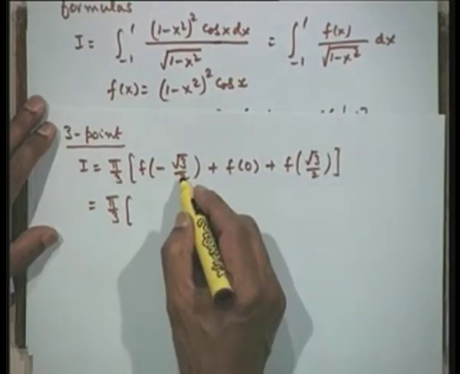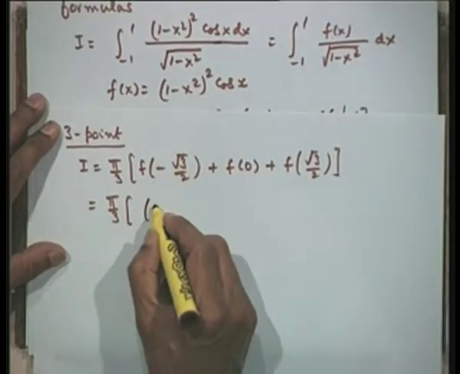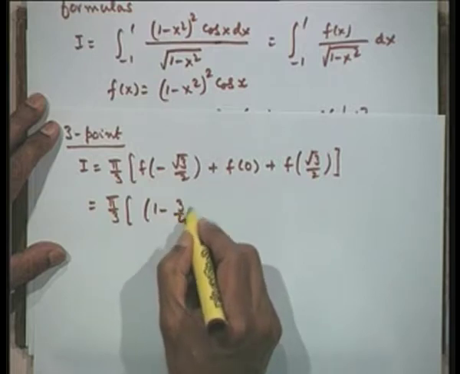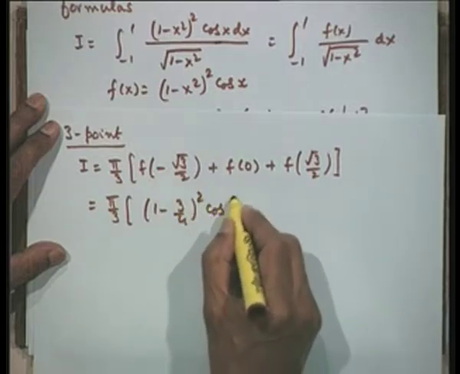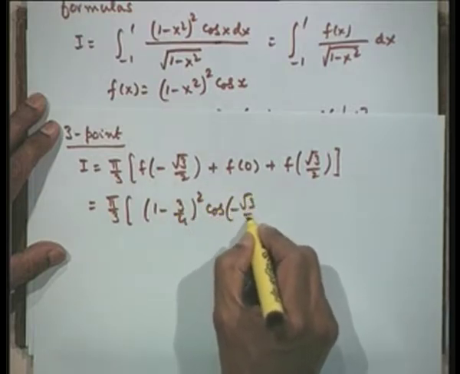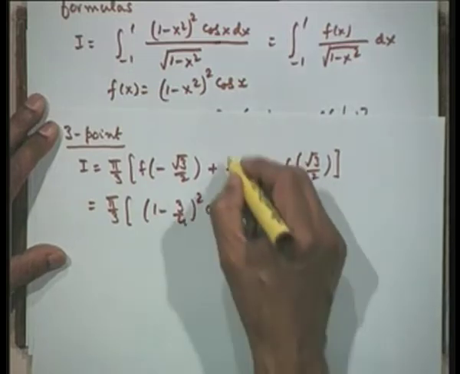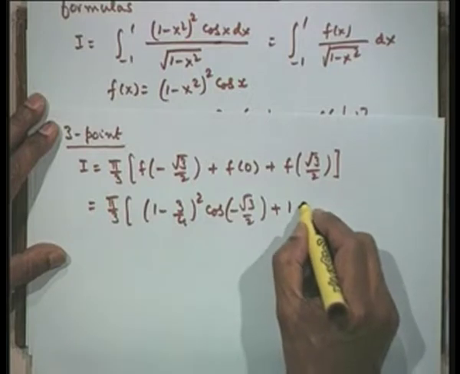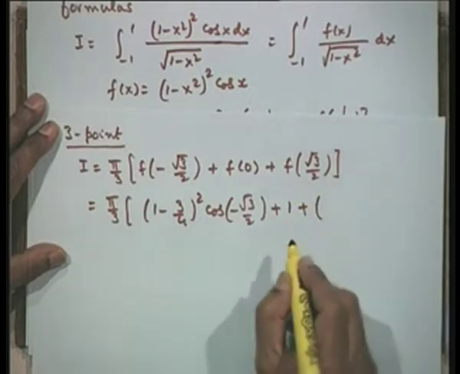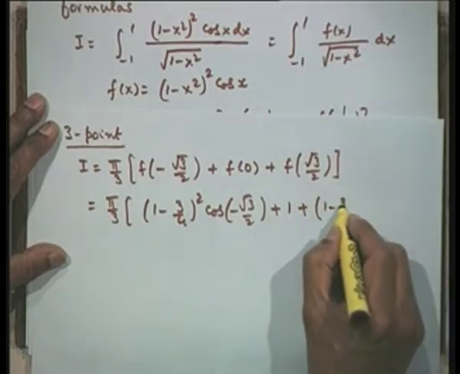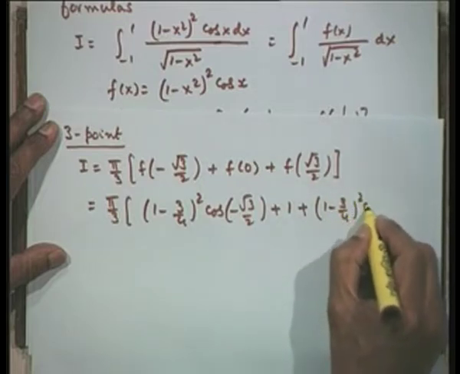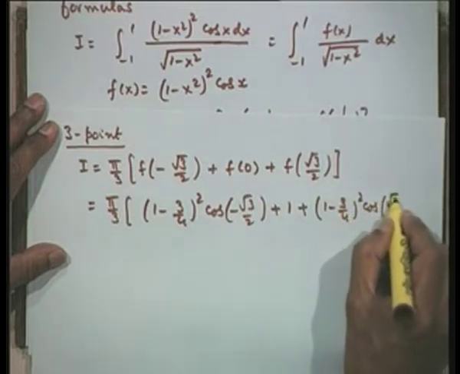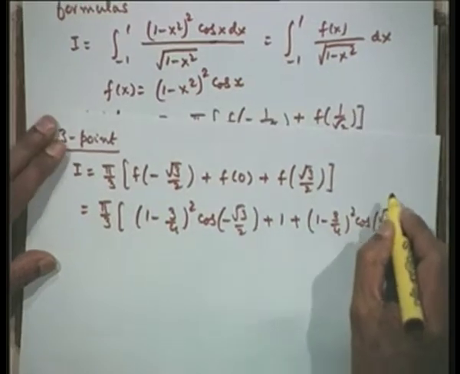We substitute minus root 3 by 2 here, so we will have (1 minus 3 by 4) whole square cos of minus root 3 by 2. f of 0 is 1, cos 0 is 1, that is 1, and this is (1 minus 3 by 4) whole squared cos of root 3 by 2.